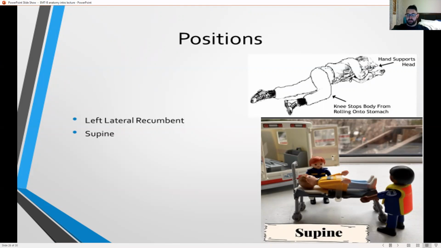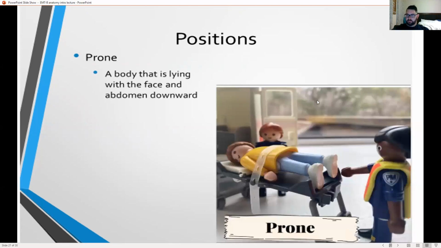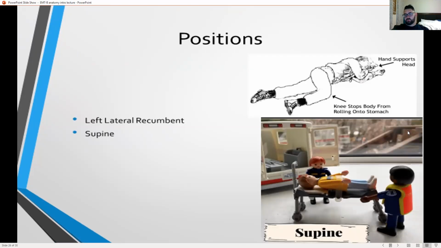Now we have left lateral recumbent position. Let's take a look at the lady on top of there, or guy, whatever. So laying on their side, the knee stops the body from rolling onto the stomach. Okay, everybody got that so far? All right, so the knee stops the body from rolling onto the stomach, and the hand supports the head.